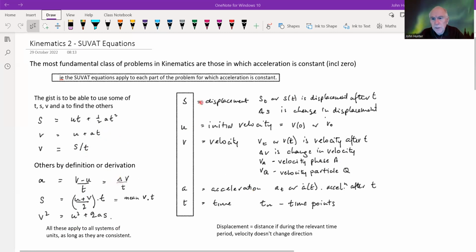The other thing I want to say, and I think I've said this before, is an important concept. We talk about displacement. So s means displacement, but very often the questions will ask you about distance. So we need to know the difference between distance and displacement. I think this is best illustrated if you throw a boomerang away from you.